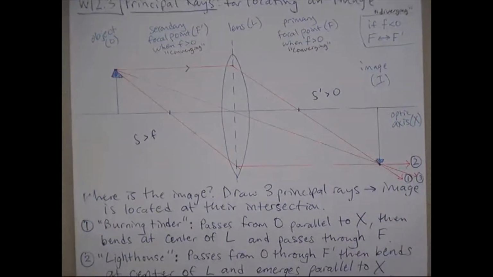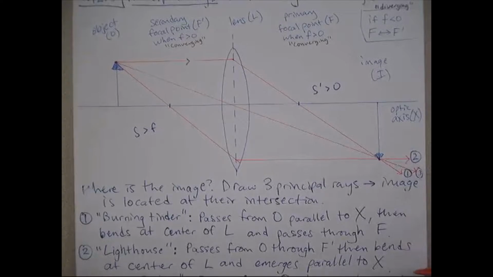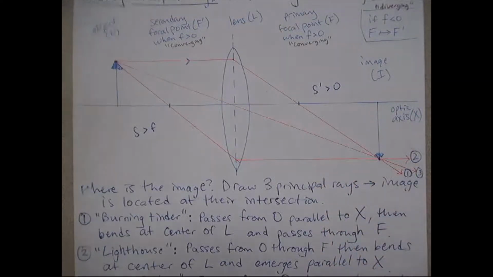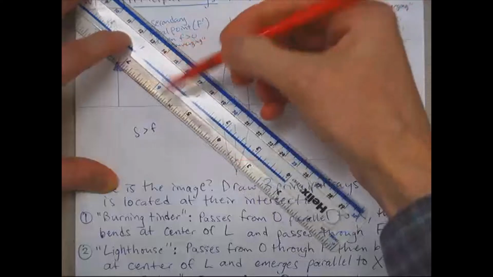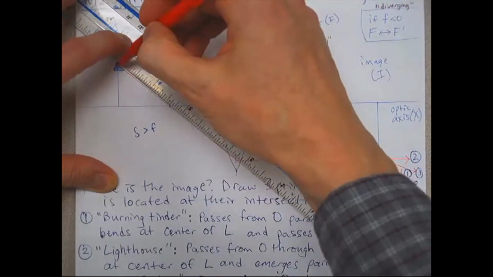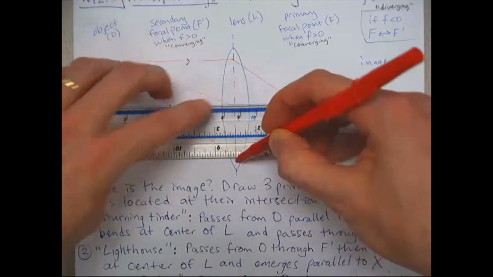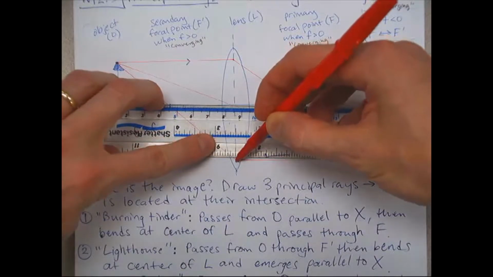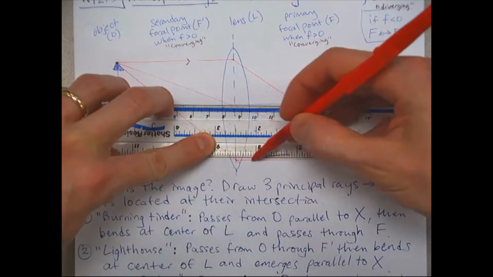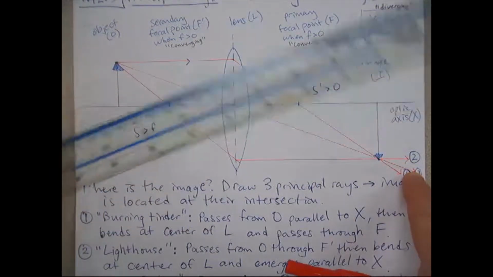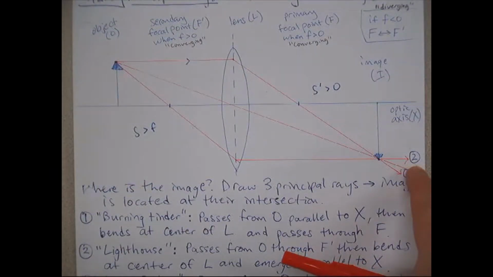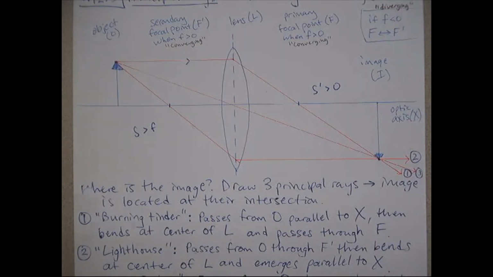Light ray 2, you might think of as the mirror image of that one. You send a light ray from the object through the secondary focal point, F prime, on this side. It bends at the center of the lens L, and it emerges parallel to the optic axis. So that light ray is labeled 2 here, what we call the lighthouse.